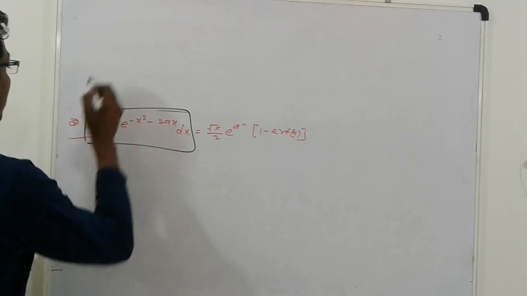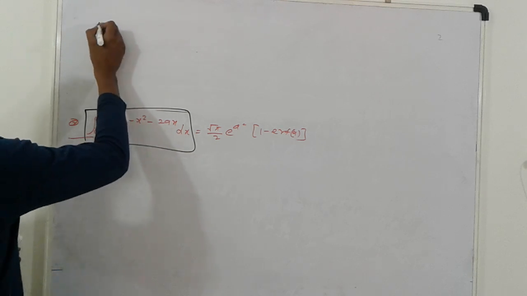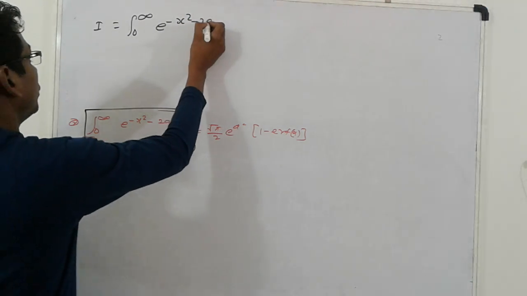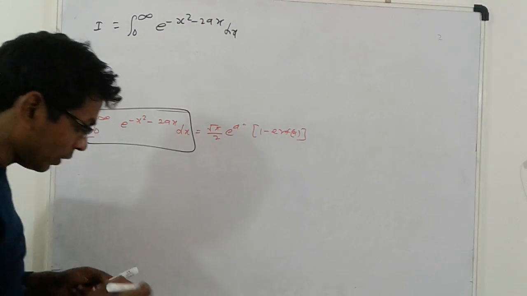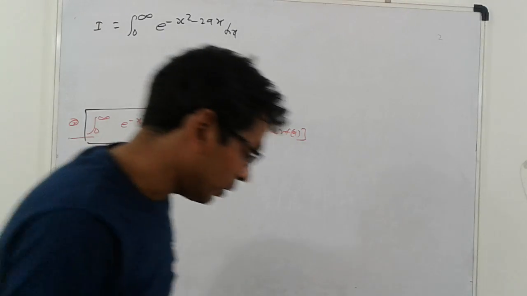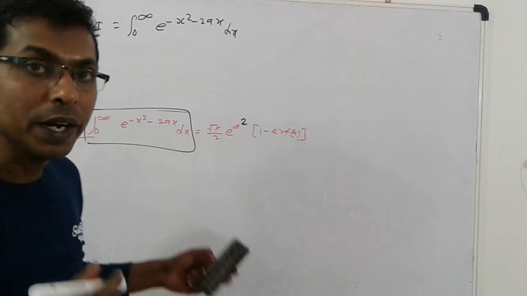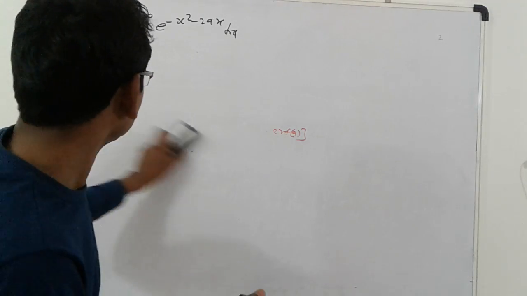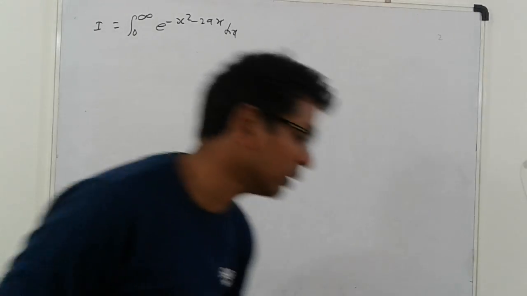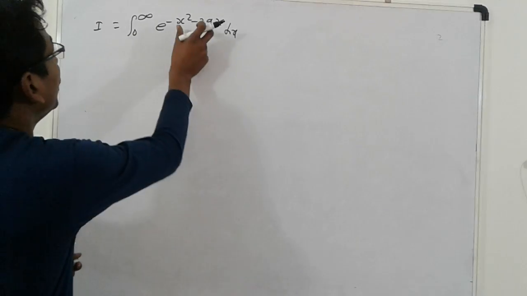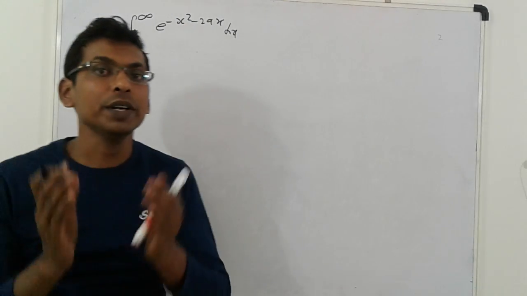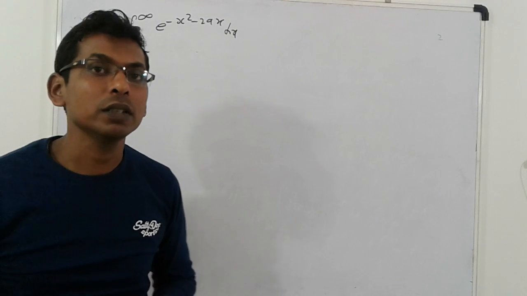Suppose here I is given as integral 0 to infinity e raised to minus x square minus 2ax dx. So your first task is how to calculate this type of problem. First, convert the power in the exponent to perfect square form.